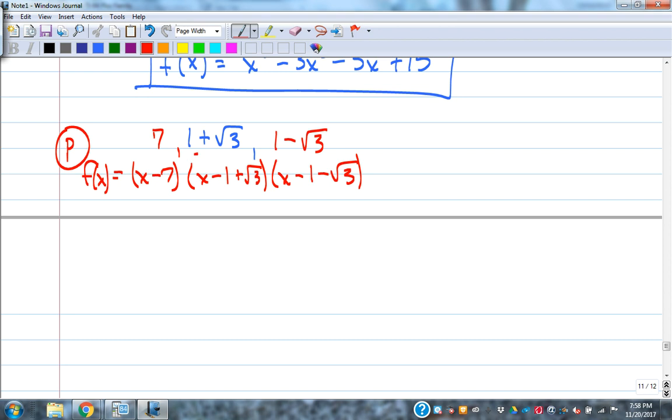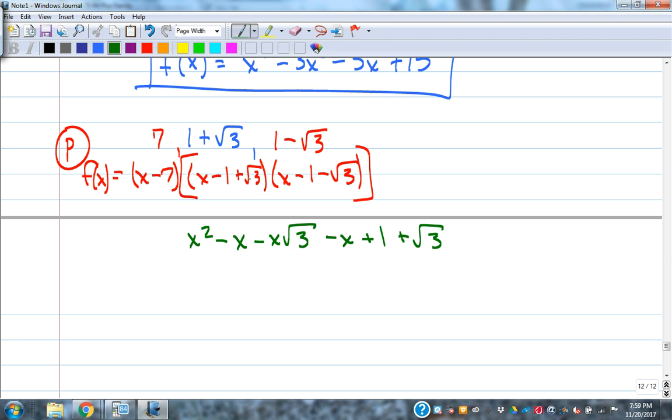So I'm going to multiply the stuff with the square roots together first. x times x is x squared. x times negative 1, negative x. x times negative square root of 3 is negative x square root of 3. And then I run the negative 1 through there. So that's negative x again. That's positive 1. That's positive square root of 3.